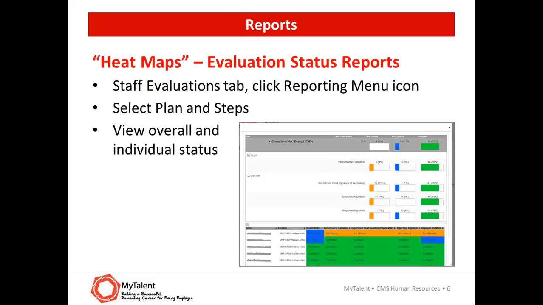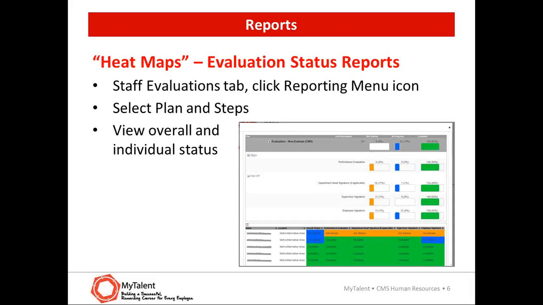Hello everyone. As you're wrapping up the 2014-15 evaluation plans, just a reminder that on the staff evaluations tab, you have access to what are called heat map reports that allow you to see the specific status for a group of evaluation plans. In the upper right-hand corner of that staff evaluations tab is an icon that says evaluation status or evaluation completion.